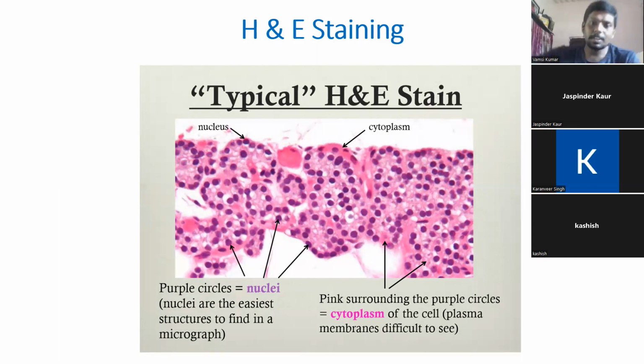But the problem with classical tissue processing is that we are damaging the tissue. We are damaging the proteins in the tissue. In the first step, fixation, we used formalin, and formalin literally coagulated the proteins.